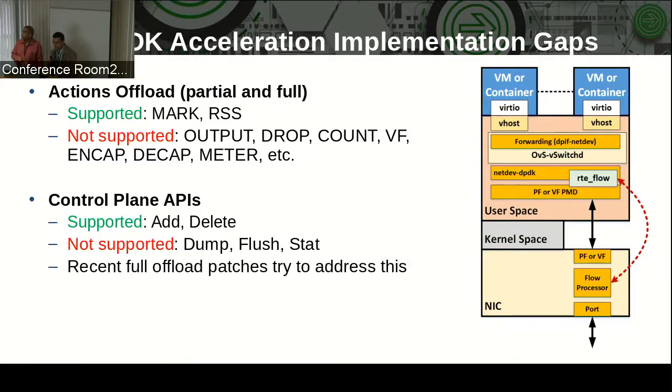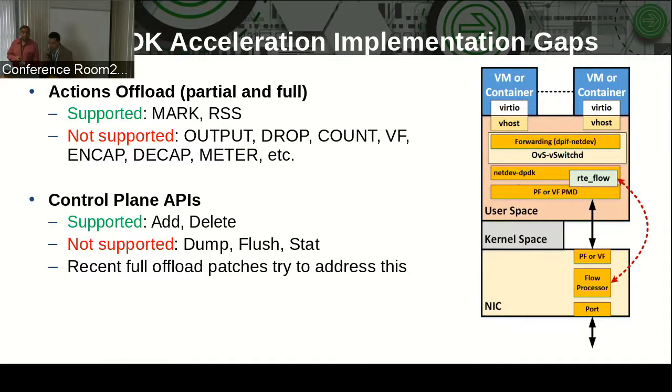And then if you look at the control plane APIs, today we only have support for add and delete. You can create using RTE flow offload, add a flow to the hardware, and then delete it. But what you don't have is dumping the flow, flushing, and getting stat information for the flow. All these need to be supported.